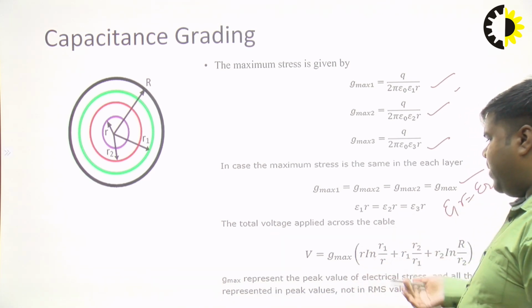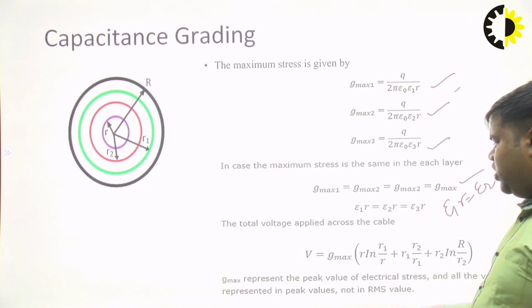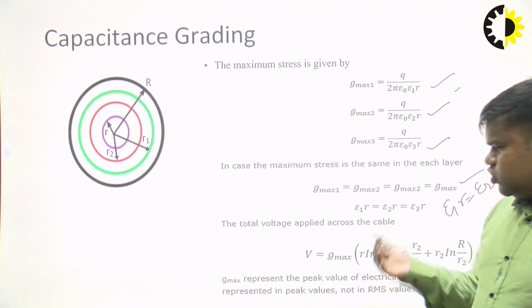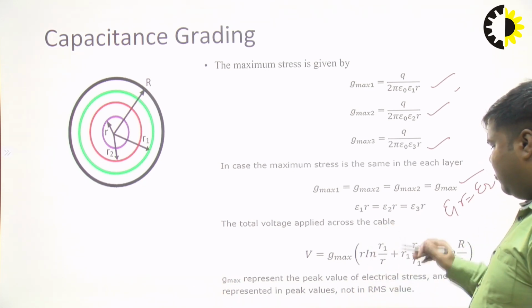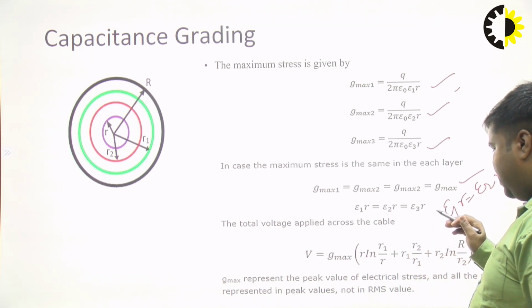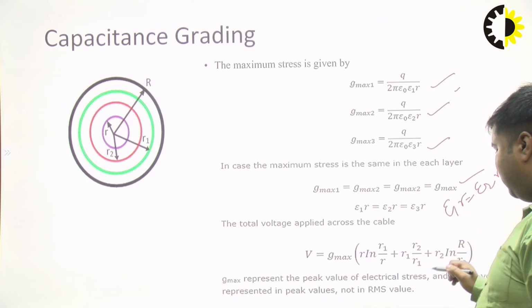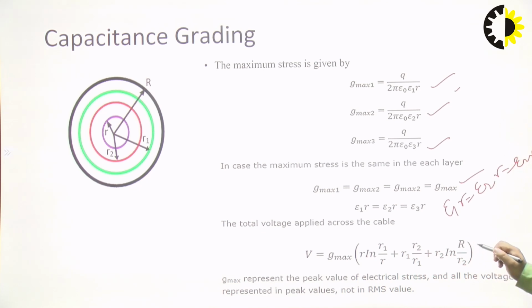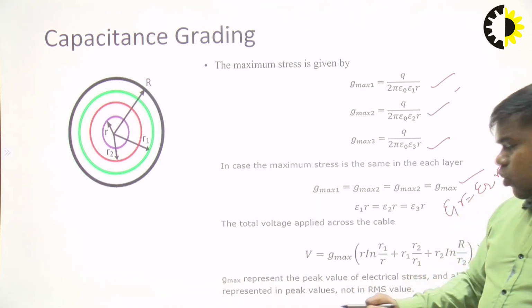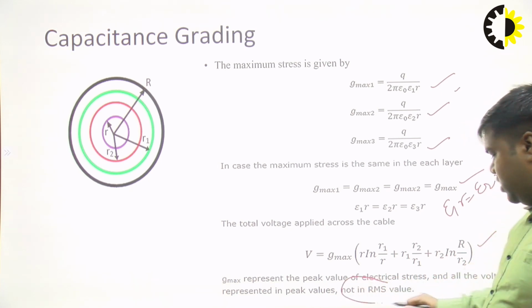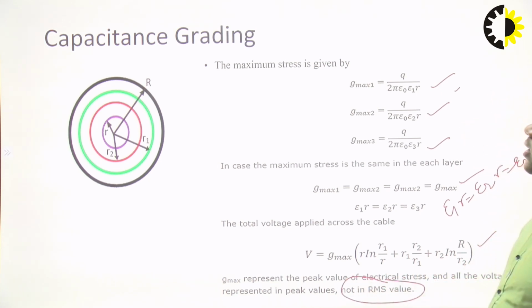So the voltage applied across the cable is equal to G max, taken as constant, times r ln r1 by r plus r1 ln r2 by r1 plus r2 ln capital R by r2. So G max represents the peak value of the electrical stress, and all the voltages are represented in peak values, not in RMS values. It's an important point.